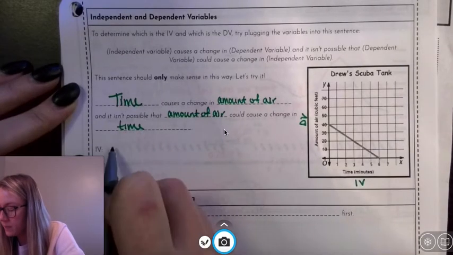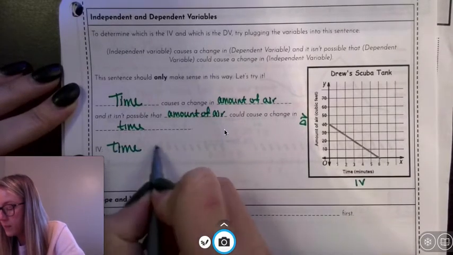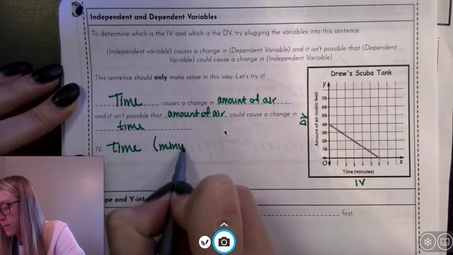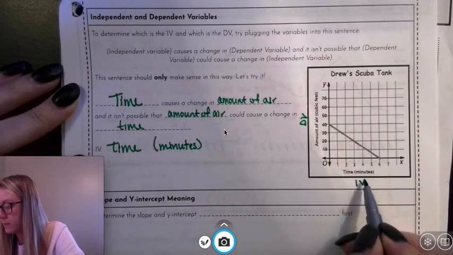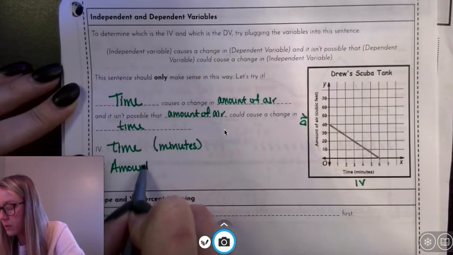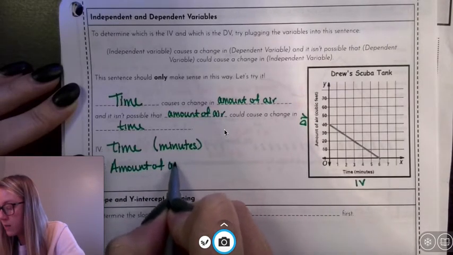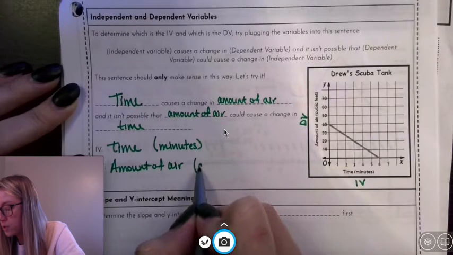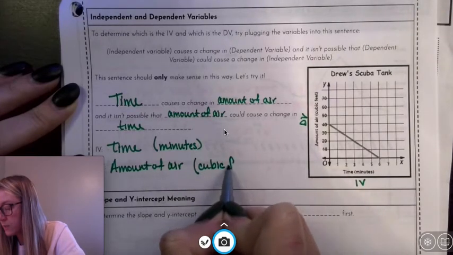So our independent variable is time, which is measured in minutes. And our dependent is the amount of air in our tank measured in cubic feet.